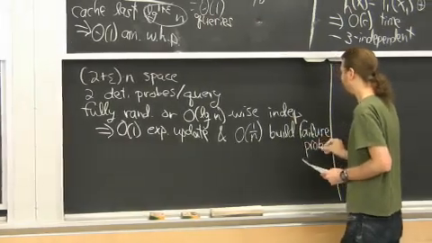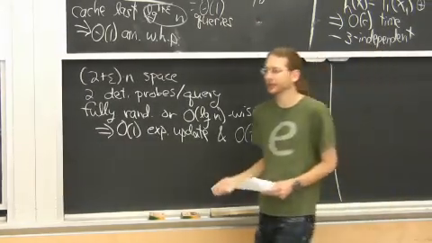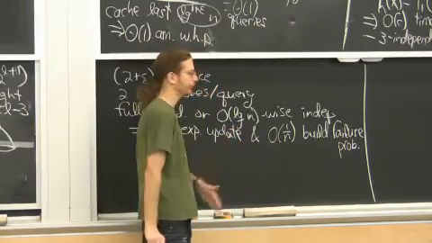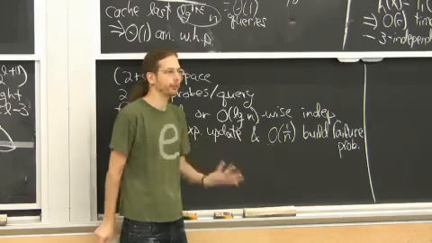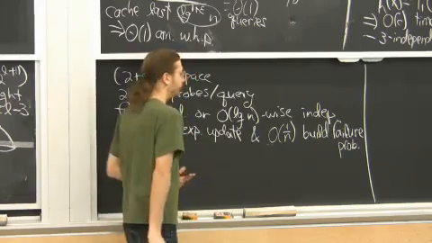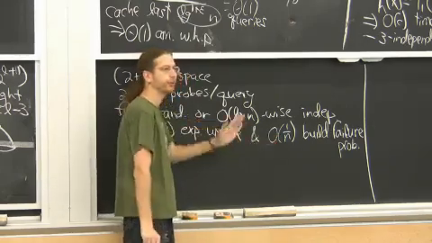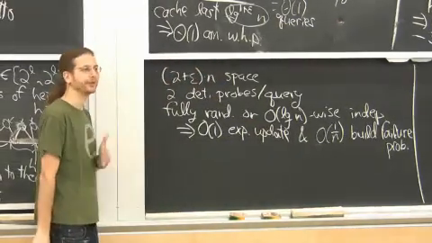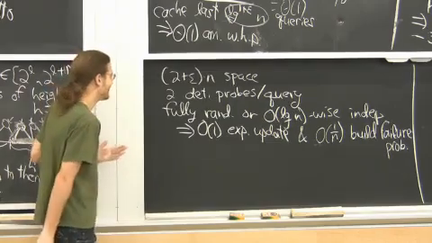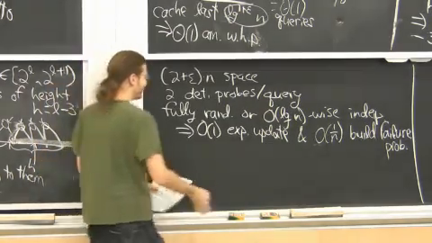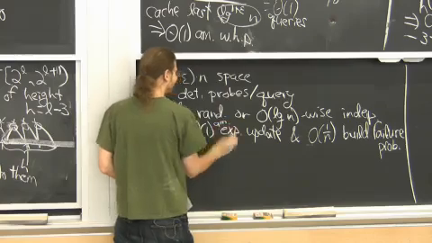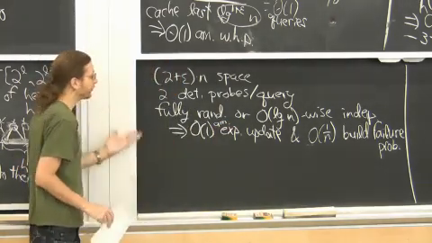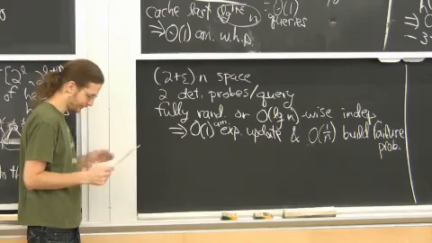There's a 1 over n chance that your key set will be completely unsustainable. If you want to put all n keys into this table, there's a 1 over n chance that it will be impossible, and then you have to start over. So amortized per insertion, that's about 1 over n squared insertions you can do before the whole thing falls apart, and you have to rebuild. So it's definitely going to be amortized. This should be amortized expected, however you want to think about it. But it's another way to do constant amortized expected.